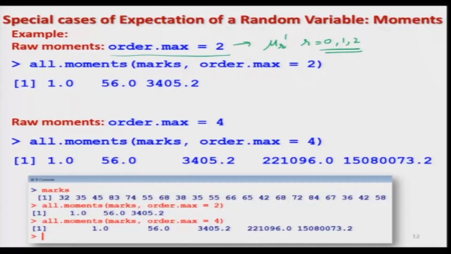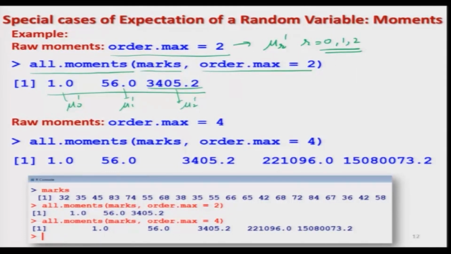In case you try to find the moments of this data set for order.max equal to 2, then we use the command all.moments. Inside the parenthesis, I use marks comma order.max is equal to 2, and the output will be like this: 1, 56.0, 3405.2. So this is going to give you mu 0 prime, this is the mean value mu 1 prime, and this is the value of mu 2 prime.